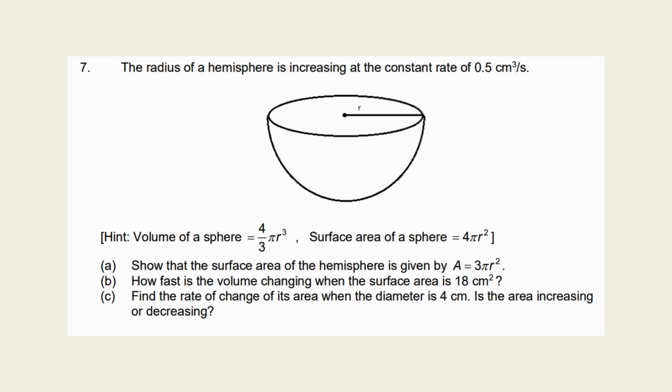For question C, the question is asking us to find the rate of change of its area when the diameter is 4 cm and state whether the area is increasing or decreasing. From question A, we know that the surface area of the hemisphere is equal to 3 pi r square.